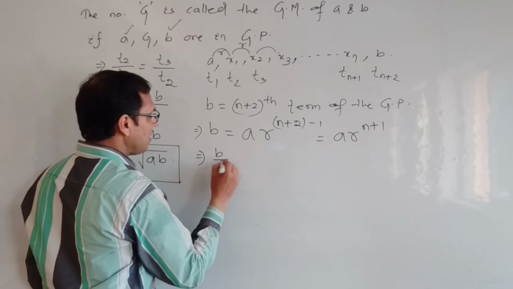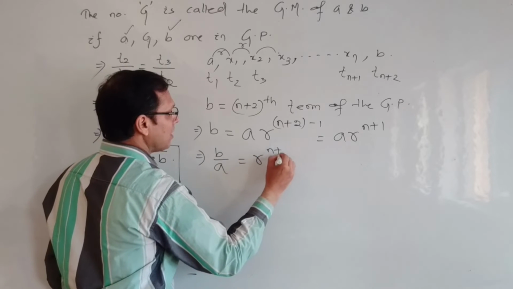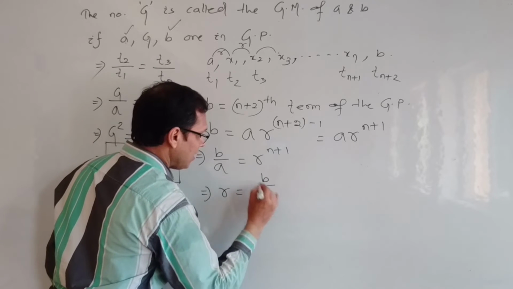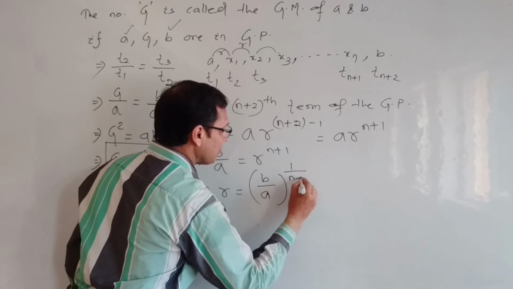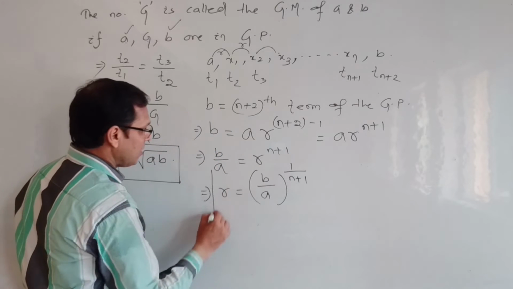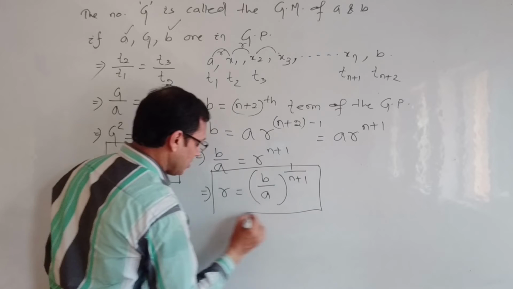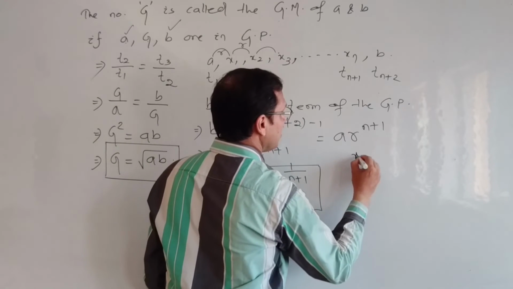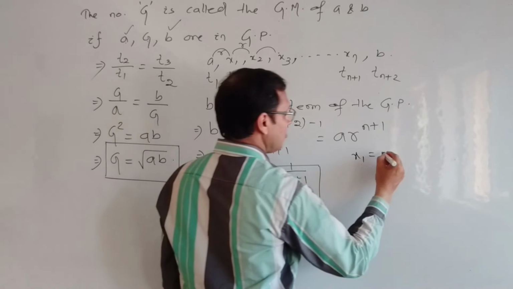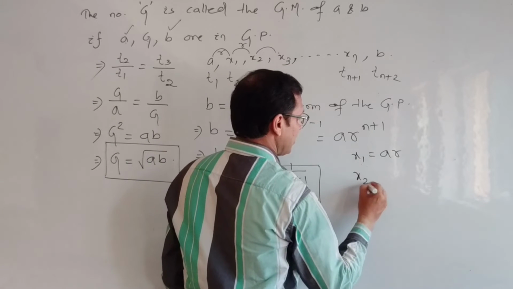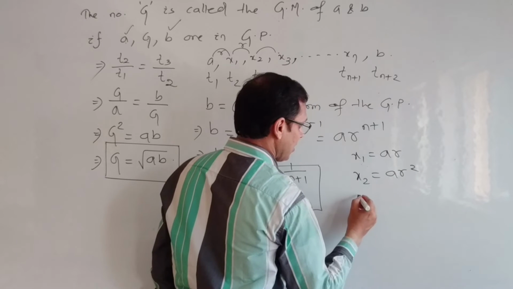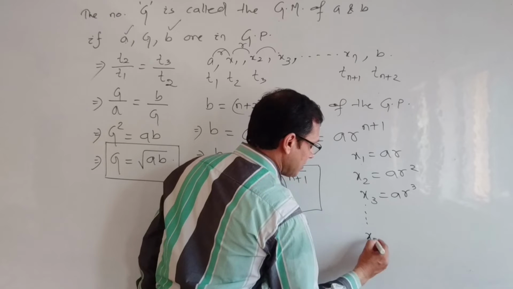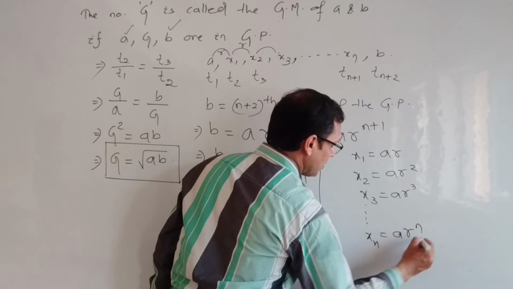Now b by a is equal to r to the power n plus 1, or in other words r is equal to (b by a) whole to the power 1 by n plus 1. In this way, with this relation, first you have to find the value of r, then the first geometric mean x1 is equal to ar, x2 is equal to ar square, x3 is equal to ar cube, likewise xn is equal to ar to the n.